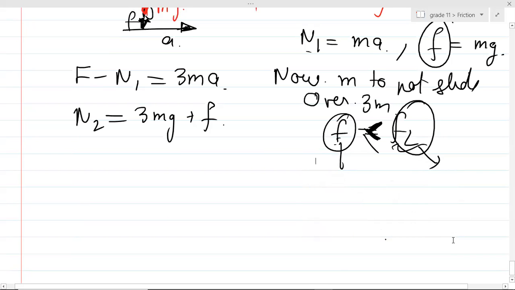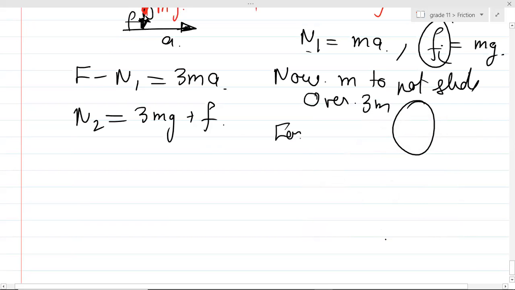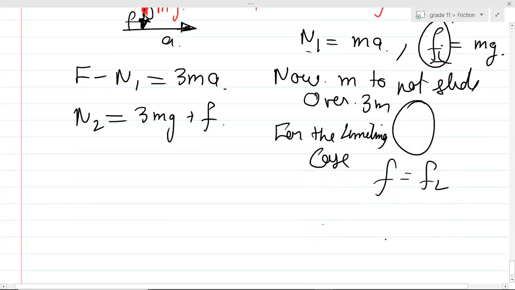Here we don't require all that logic. So can you see over here, F should be equal to FL, for the maximum case, for the limiting case. For the limiting case, the friction should be equal to the limiting friction. So now mu times N1 should be equal to what?